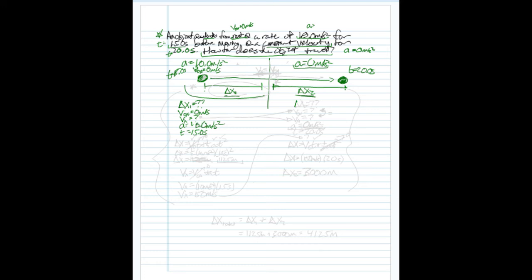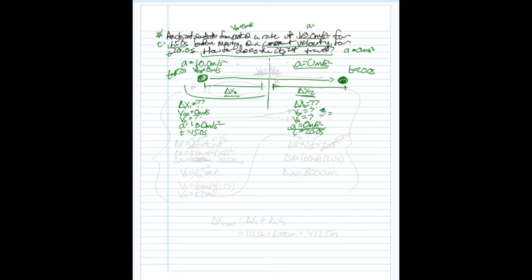Over on this side, I have delta x2, v0x, vx, a, and t. The only bits of information I know, though, are that the acceleration is 0 meters per second squared, and that the time is 20 seconds. I don't know either of the velocities, but because acceleration is 0 here, I know that those two velocities have to be equal.